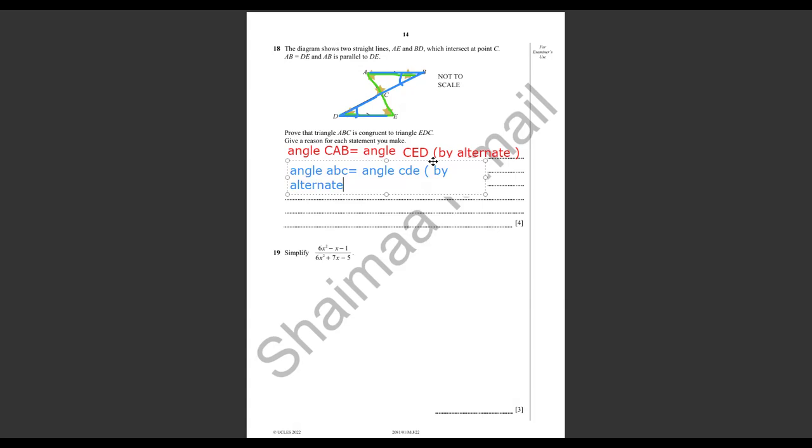I prefer if you write your answer with uppercase, write correctly.